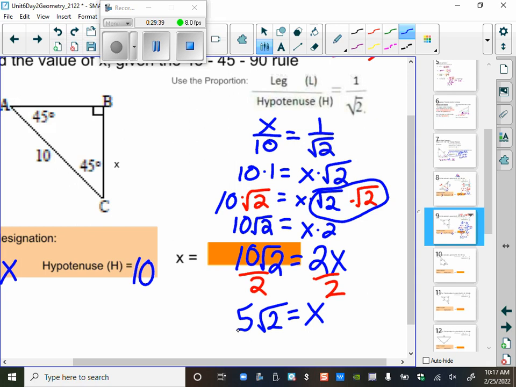That's the quickest way to knock it out. Proportion-wise, you can set it up this way, but if you just want a regular number, you really don't want the radical in the denominator. Let me rephrase, sorry about that.